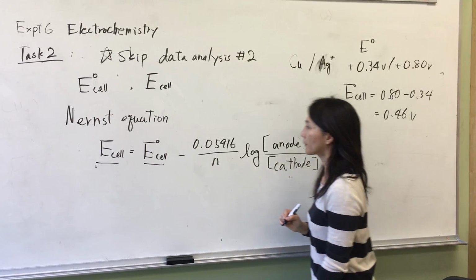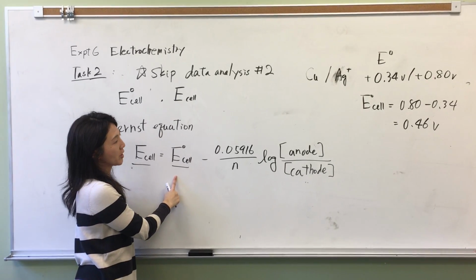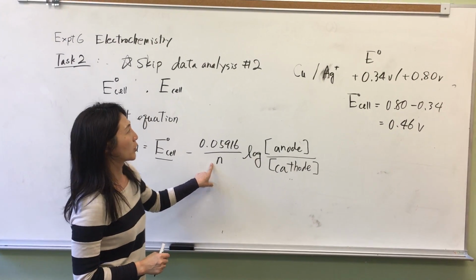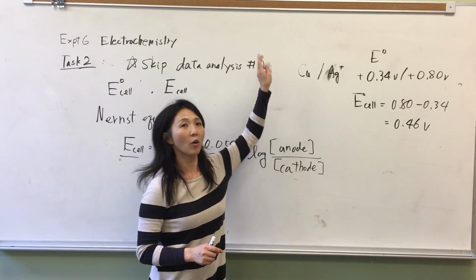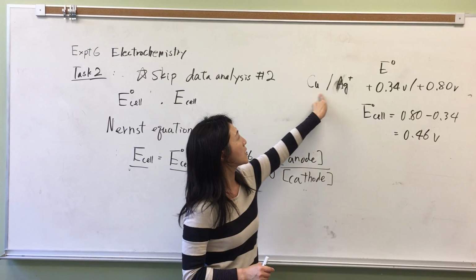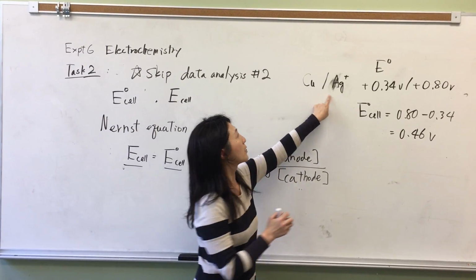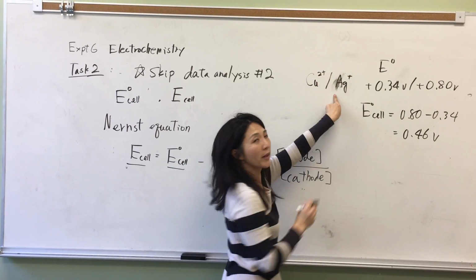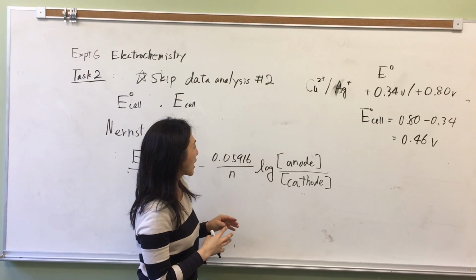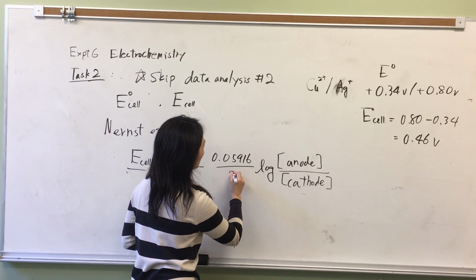So this is how it goes into the Nernst equation. Then, the number of total electrons for the overall redox reaction: if you look at the reaction for each one, copper has 2 electrons, but silver has 1 electron. Overall in the one redox reaction it's gonna be 2, so n will be 2.